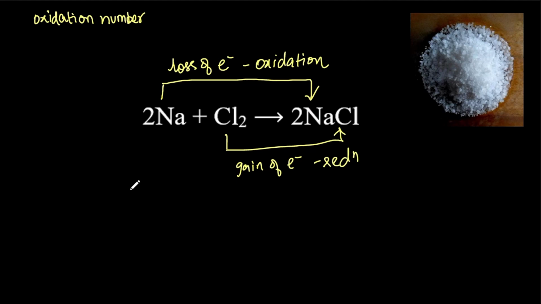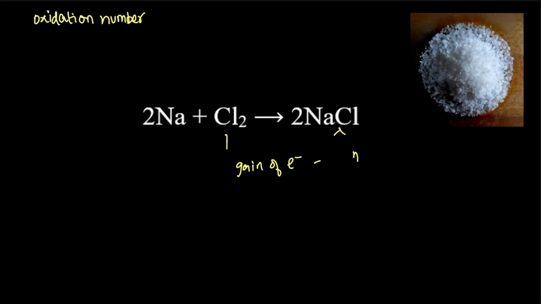Now let us see it with the concept of oxidation number. On the reactant side, sodium is present in its elemental free state, so its oxidation number is 0. Chlorine also is present in the uncombined free state, so its oxidation state is also 0.